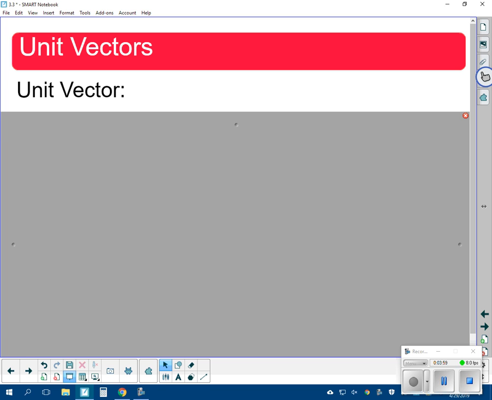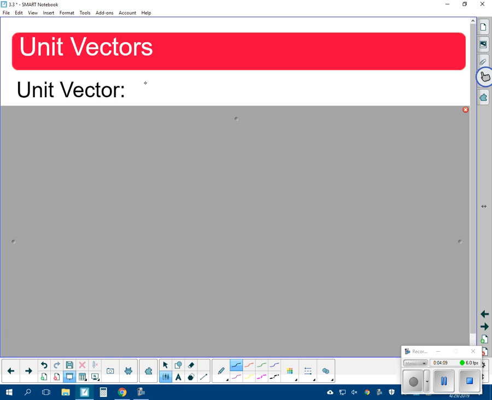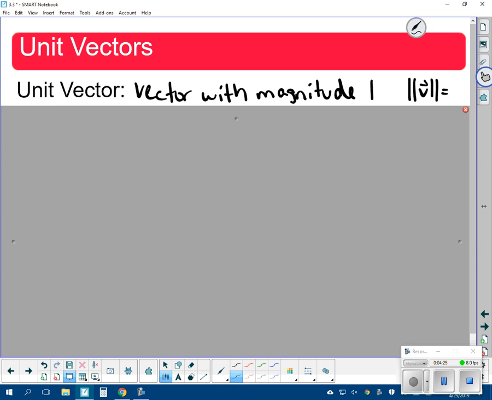Okay, here we go. All right, a unit vector is a vector with magnitude 1. So in other words, the magnitude of the vector is 1.